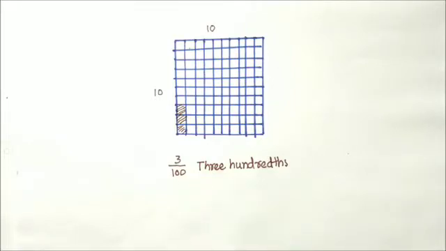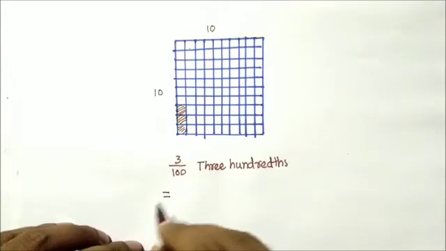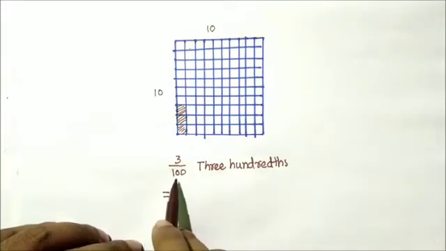Now you might be thinking, can we write it as a decimal number? Can we use the point that we used in the tenths part? Yes, of course you can. 3 by 100, you can see here 2 zeros.